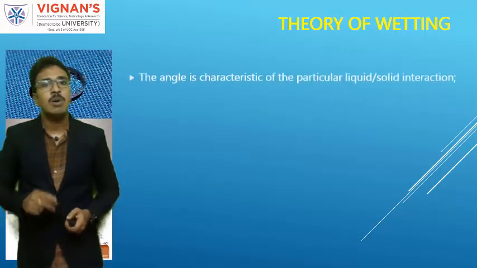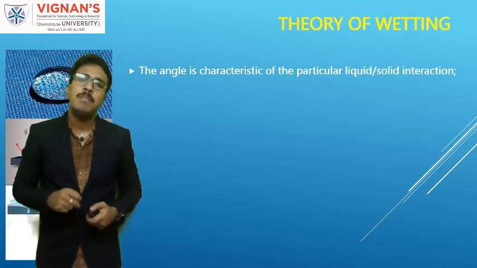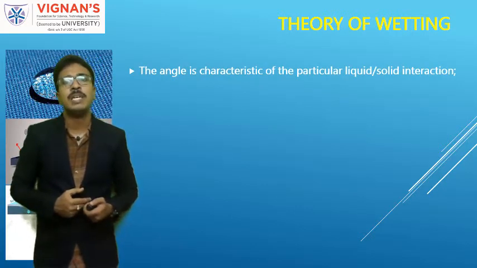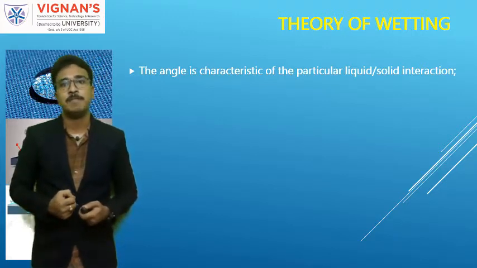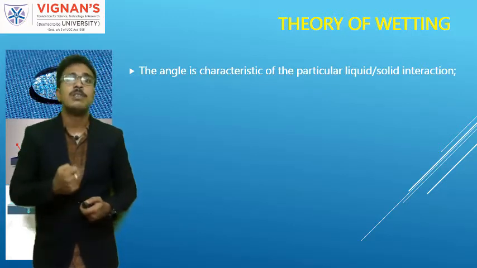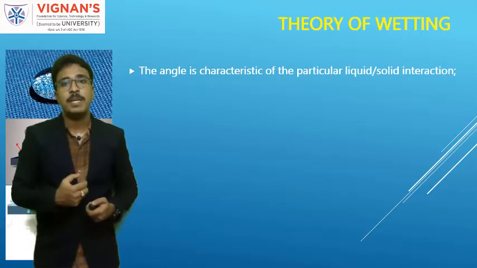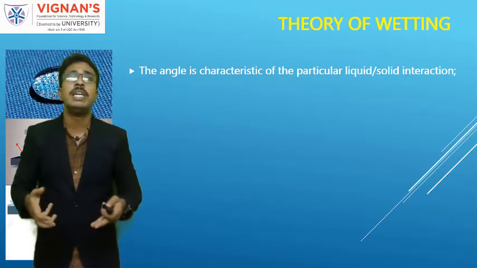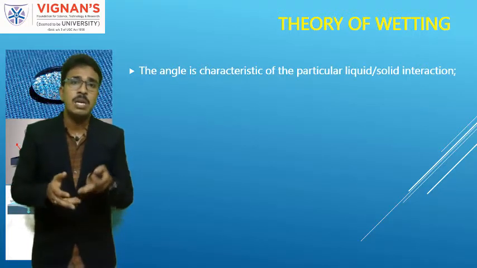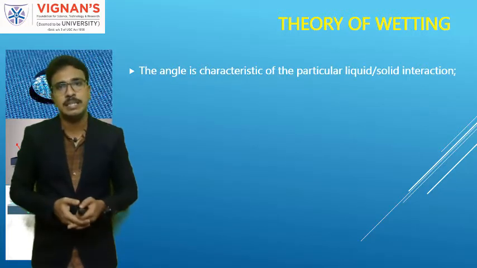Understand? Based on the contact angle, we can easily predict the characteristics of the fabric, or we can say the characteristics of the liquid-solid interactions, how the liquid and solid are interacting.